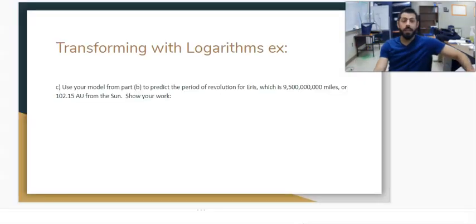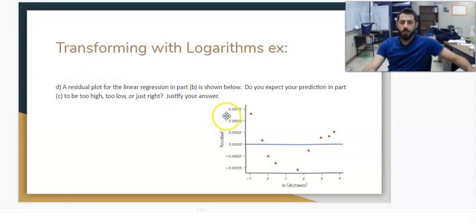Now the last thing that we need to talk about is whether or not the residual plot is better or worse, right? So this is the residual plot for the regression that we were using. If we were talking about just in general, is this model good or bad? Is it appropriate?